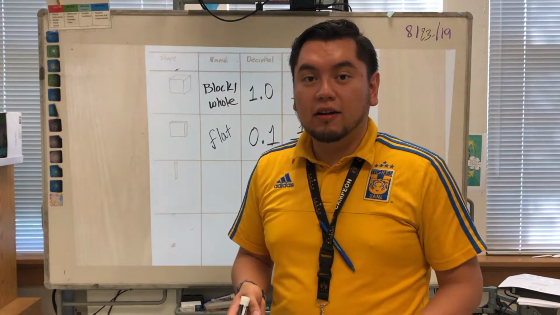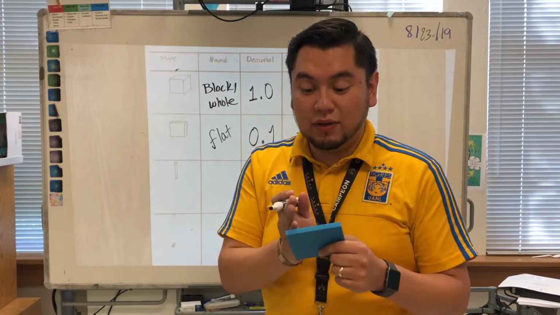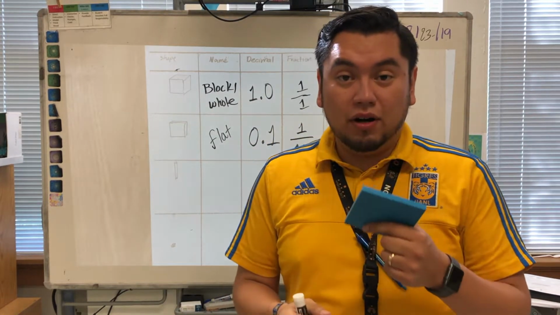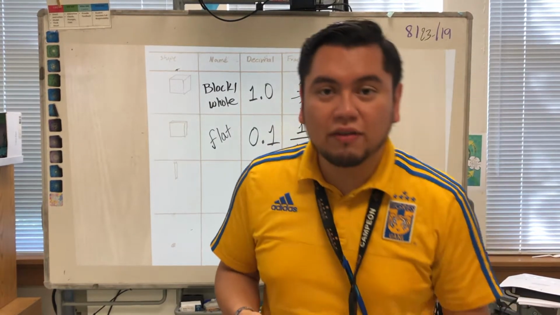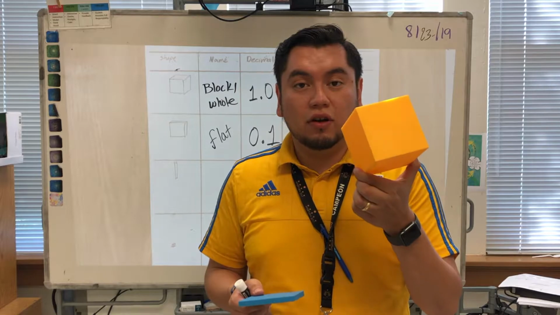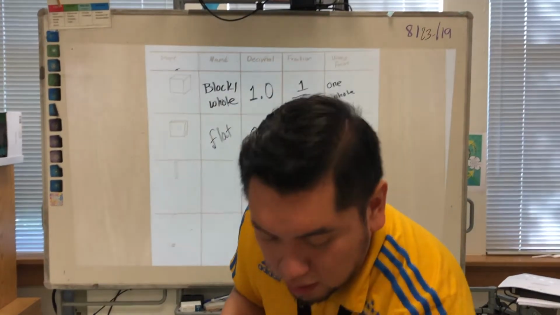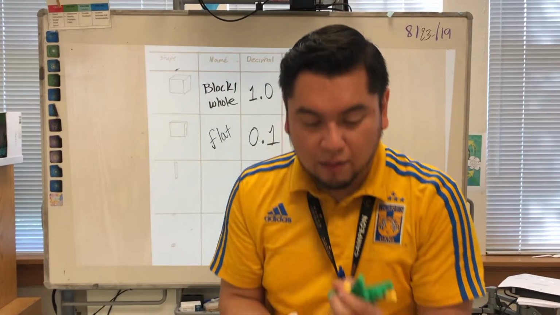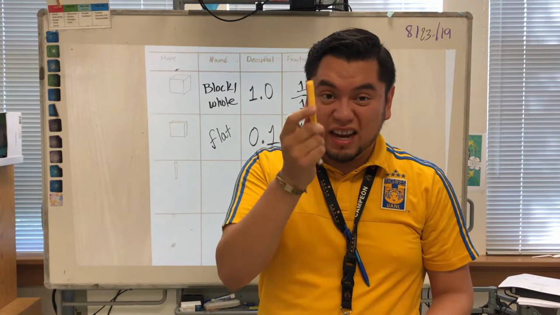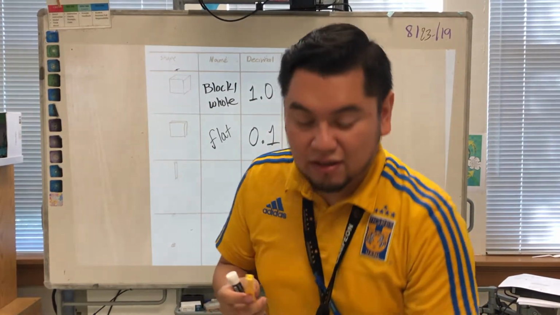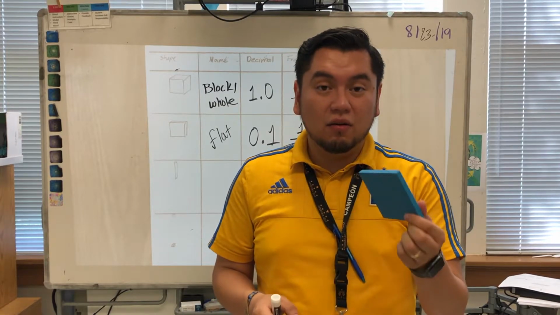Now, let's pretend that I keep cutting this one. Let's say I cut this one into 10 parts. Now the key here is to always reference back to your whole. If I cut this into 10 parts, I'm gonna get 10 rods. 10 rods make one flat.